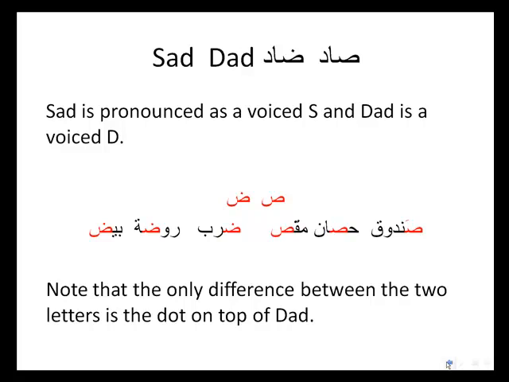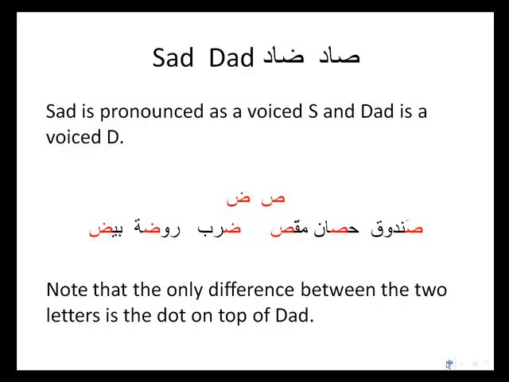Remember last week when we talked about ta and ta? We said that many letters in Arabic have one easy version and one heavier version. The two letters we're going to look at now, Sad and Dad, are both of them voiced or heavy letters.